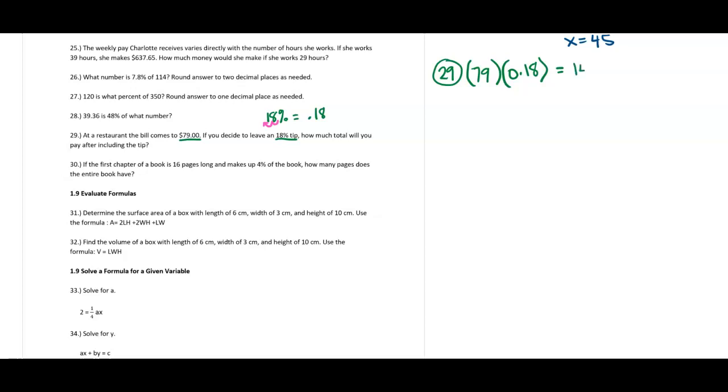Okay, yeah, so $14.22. Right? Now this isn't the total amount, right? Remember back here, what's the total, right? Including the tip. Well, this is just the tip, right? So I'm just going to write that out here just to remind us. So this is the tip amount. Okay, then what would I need to do to find that total amount?